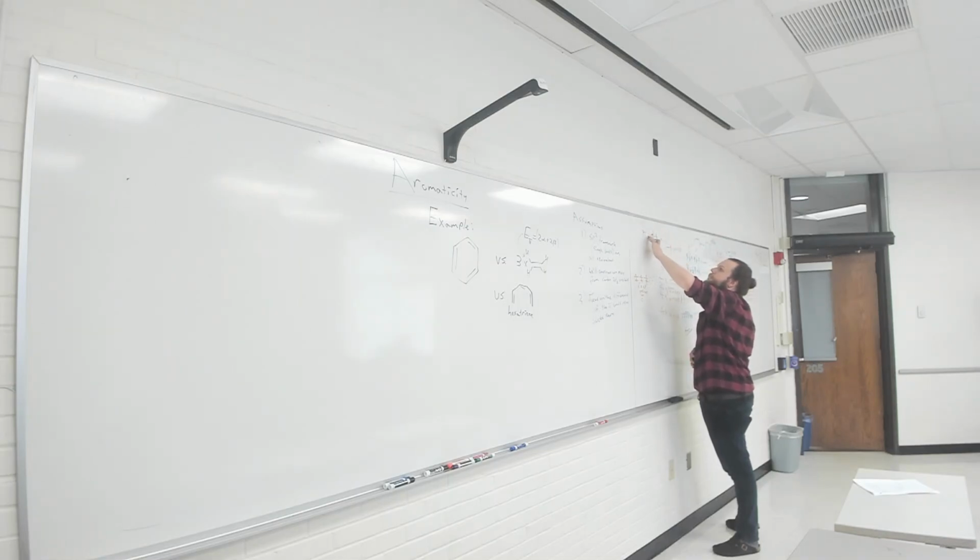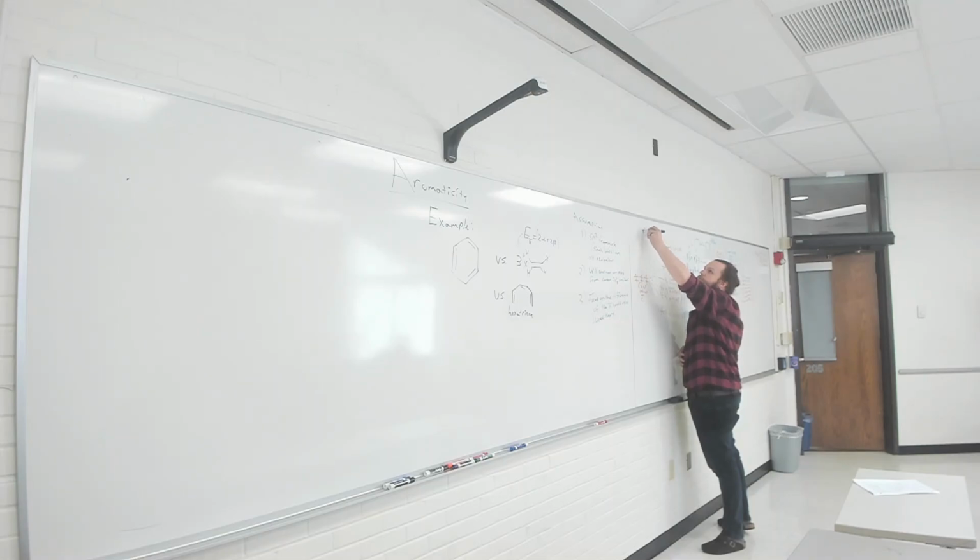Sorry, I missed one. 1, 2, 3, 4, 5. Yeah, there we go. And then 2 big ones in the middle. And then the sign changes between all of them. And there's nodes between every single atom, so there's 5.